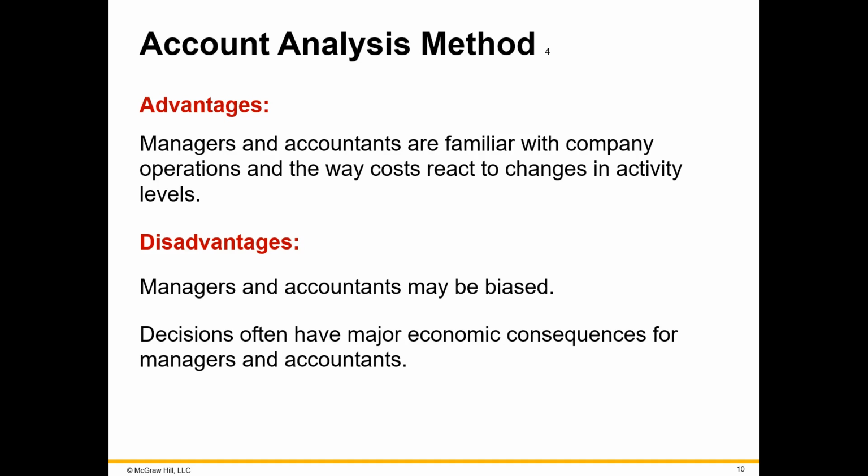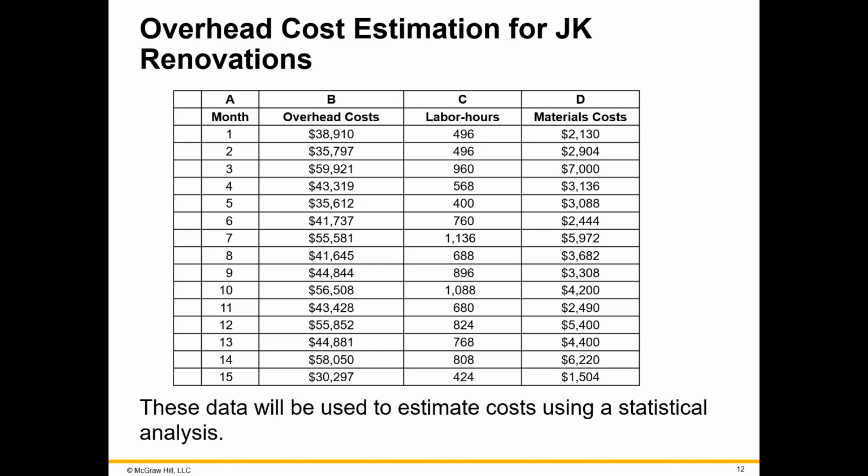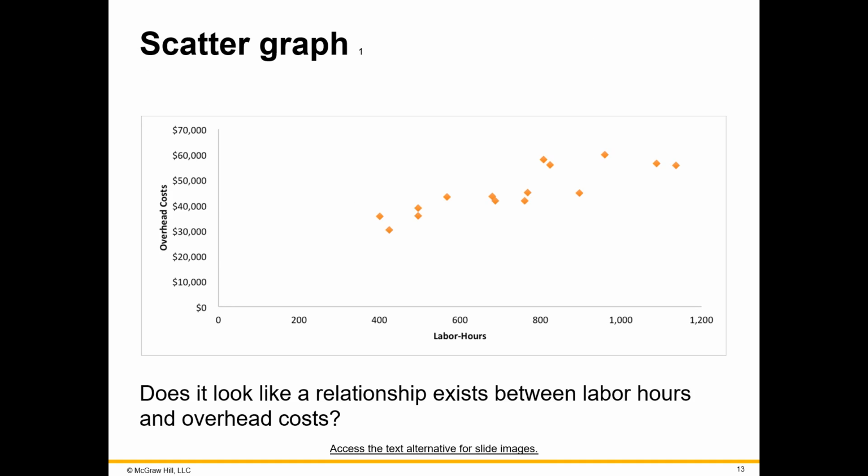Another method of estimation is using statistics and graphs. This slide shows us 15 months of production. It gives us amounts for overhead per month, labor hours, and material costs. So we can take this data and plug it into a graph. This graph includes overhead costs and labor hours.